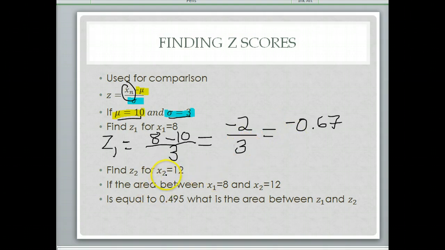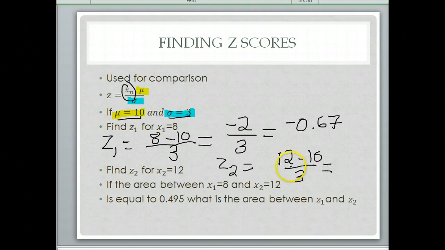Now what if we had another data point, 12? We could find that individual's z-score by using the same formula. Now notice the mean and standard deviation do not change. It's only the x value. So x2 is 12, so that x value changes to 12. The mean stays the same, and the standard deviation stays the same.